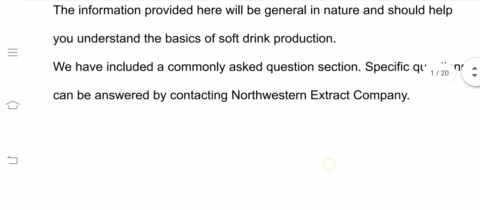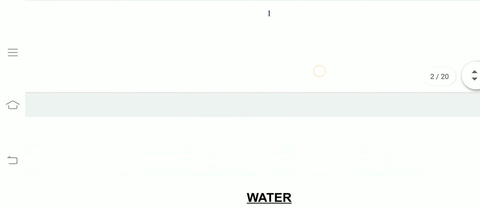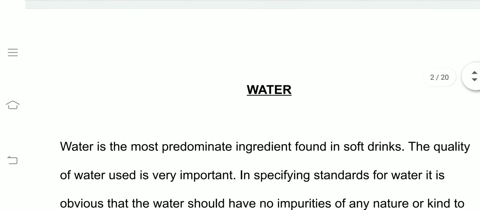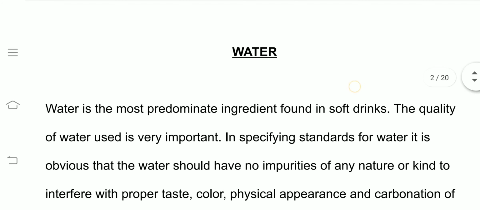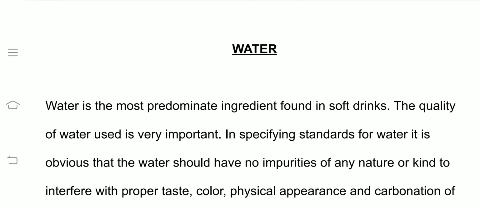So, this lecture has an objective of introducing the basic production procedure or principle of production of carbonated beverages. Now, the ingredients which are needed to produce the carbonated soft drink.